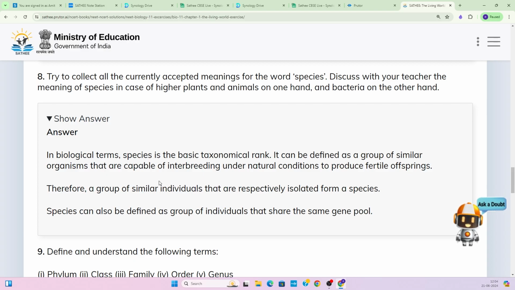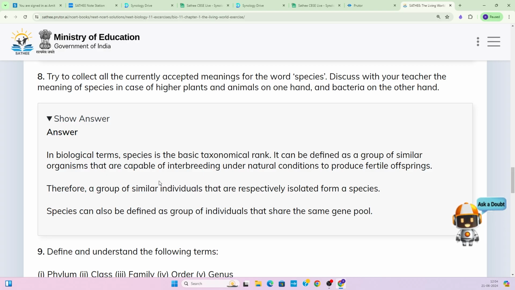Sometimes we can see that different genera can reproduce and give birth to young ones, but they are infertile. So this is not defining the species. Species always produce fertile offspring.